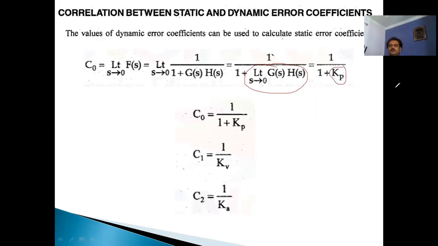Position error constant means this is when the input is unit step input. So we have obtained the relation between Kp and C0.